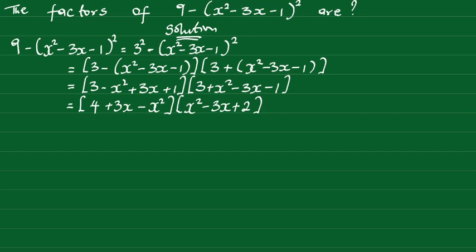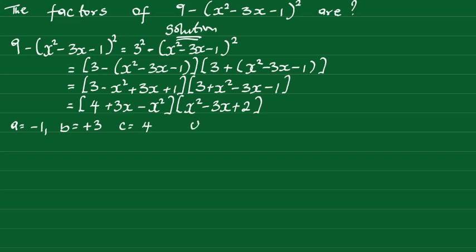However, we need to take note of the fact that the coefficient of x squared from our first bracket is not equal to 1, but rather it is minus 1. So from our first bracket, we have that a is equal to minus 1, b is equal to plus 3, and c is equal to 4. And since our value for a is not equal to 1 but minus 1, we look for the value of AC.